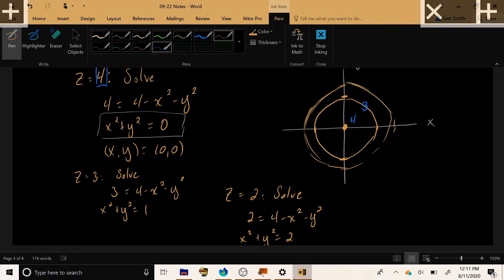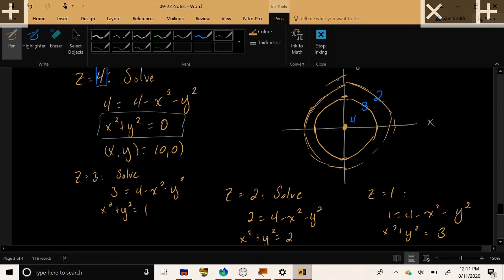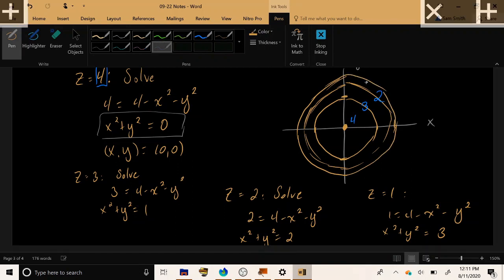And I'm going to mark that with its corresponding elevation 2. And finally, for z equals 1, 1 equals 4 minus x squared minus y squared. That's a circle of radius root 3. So we can roughly sketch that in. That's going to be a little bit closer than before. Mark that with its elevation of 1.